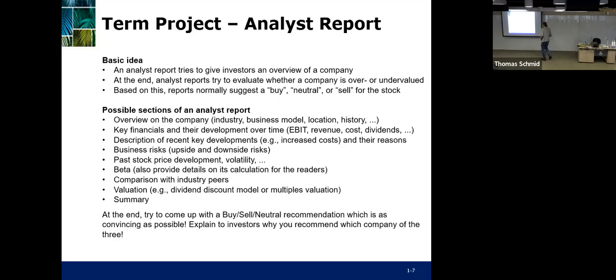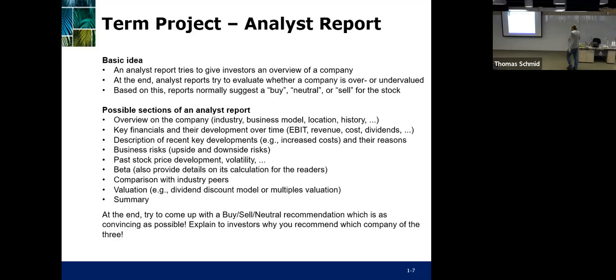Because the valuation part will probably be the most powerful tool that allows you to come up with a buy or sell recommendation. The idea behind the valuation part is that you come up with your own value of the company, which is called the intrinsic value. So you try to find the real value of the company based on some valuation model. We will talk about valuation models in the lecture.